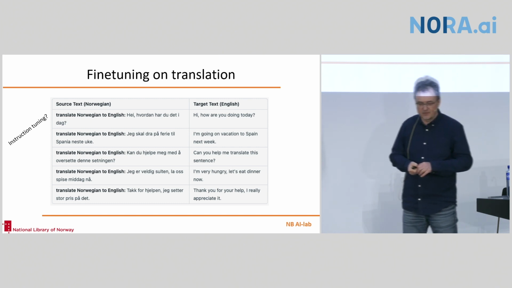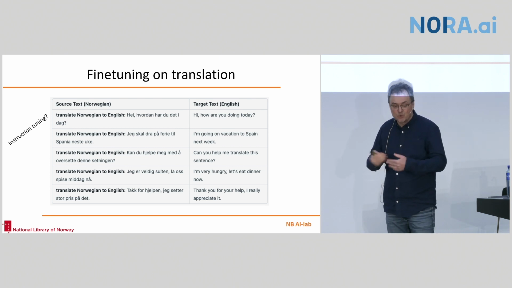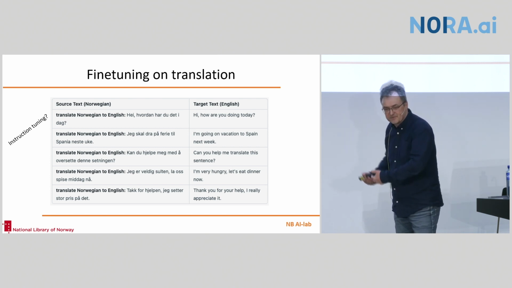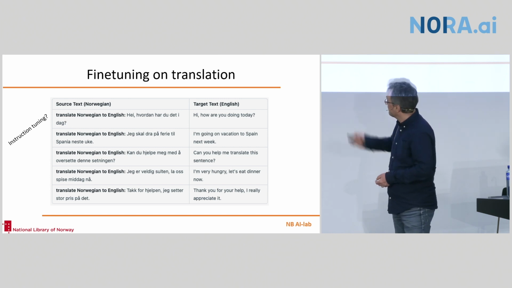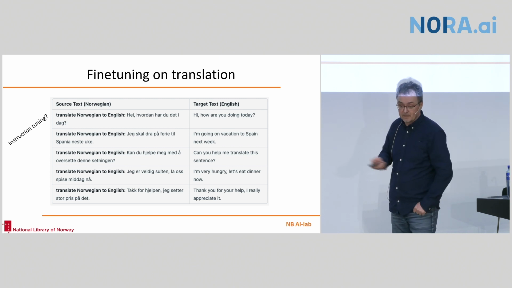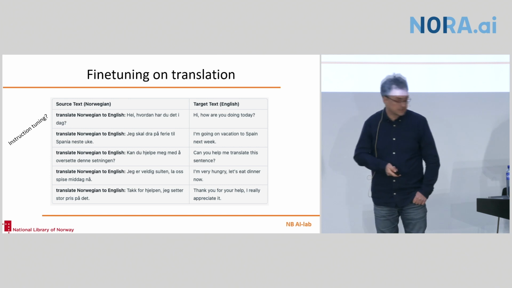They gave it 1,800 data sets or something like that to train on. It's not only able to do the classification, it's also able to understand the instructions. But you can train the same model for multiple tasks. For instance, for translating both from Norwegian to English and English to Norwegian.